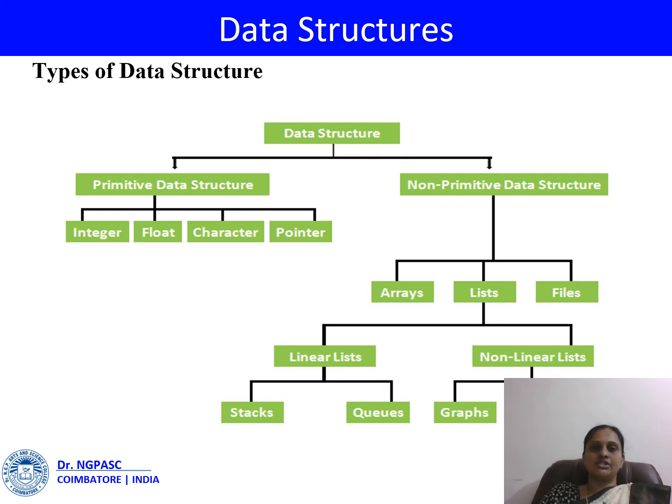Primitive data structures are integer, float, character, and pointers. Non-primitive data structures are arrays, linked lists, and files. The list can be divided into linear and non-linear. Linear includes stacks and queues, and non-linear includes graphs and trees.